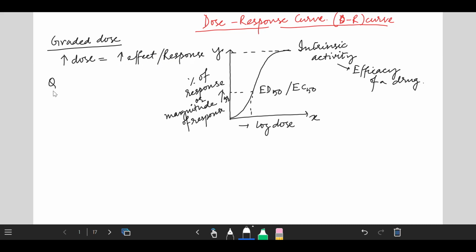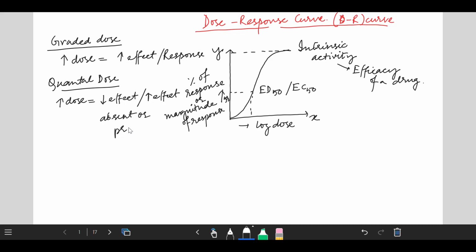In quantal dose, when you are increasing the dose, you can get a decreasing effect, or you can get an increasing effect or response, or it can be present or absent. Means the response can be present or the response can be absent.